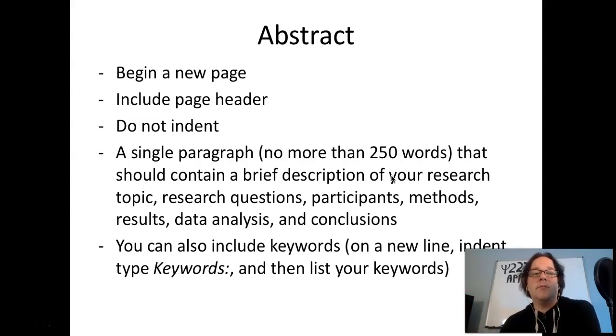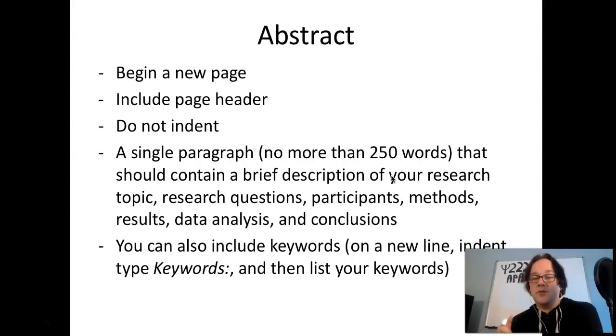So the abstract, we said, gets its own page, includes a page header, and this is where we don't indent. It's basically the only time throughout an APA style paper that we're not indenting paragraphs. So it'll be left justified.